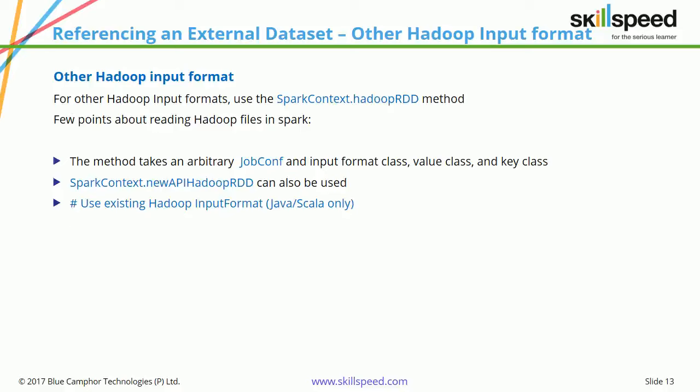For example, I can say sc.hadoopFile with key class, value class, input format, and config. When you are not able to represent your data using any other format, then you will be using the Hadoop input format. When you mention the Hadoop input format, you will say sc.hadoopFile. Then you have to mention the class used to define the key, actually the subclass, the value class, the format, and the job configuration.